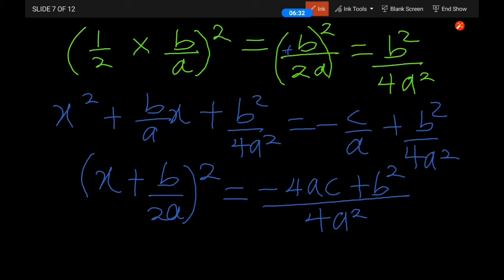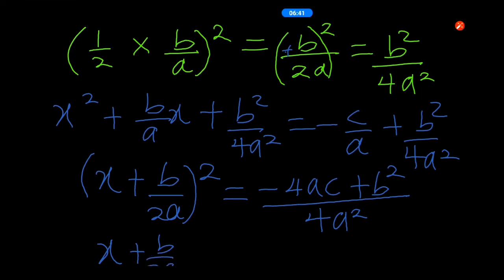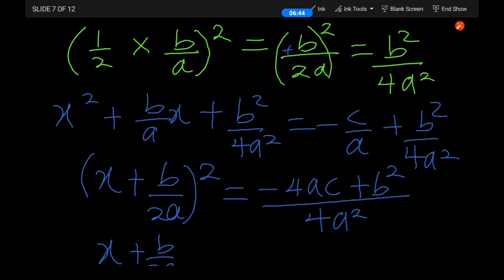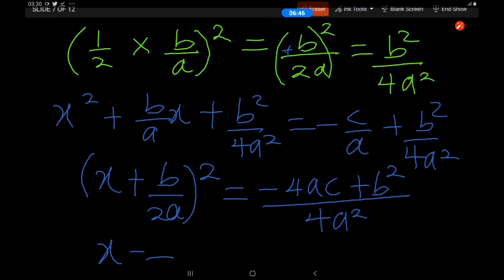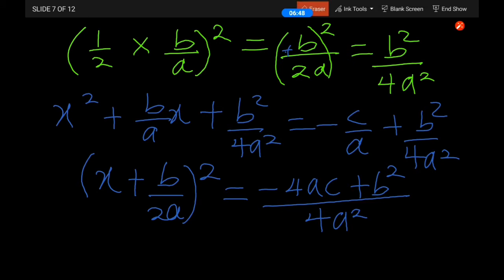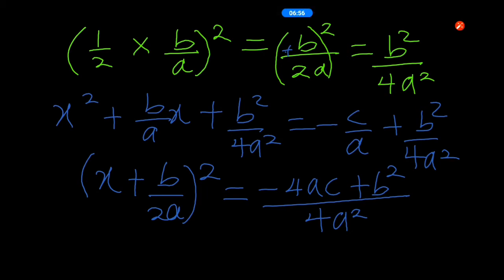So what do we have to do here? So we have x, we can rearrange this very well, b over 2a. So we have that here. So that will give us x plus b over 2a all squared.